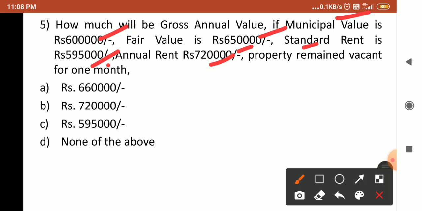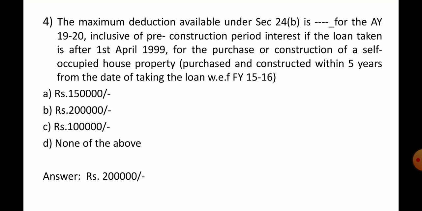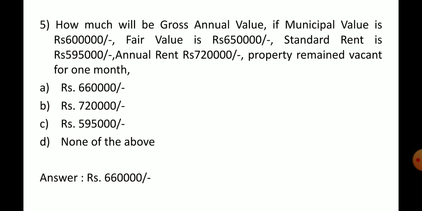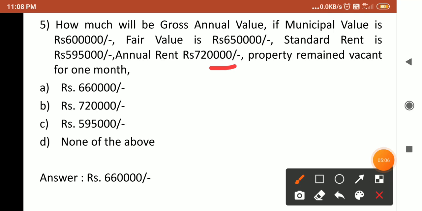The property remained vacant for 1 month. So we are going to take 7,20,000, or none of the above. So it is 6,60,000. How are we going to get this 6,60,000? 7,20,000 is the annual rent.